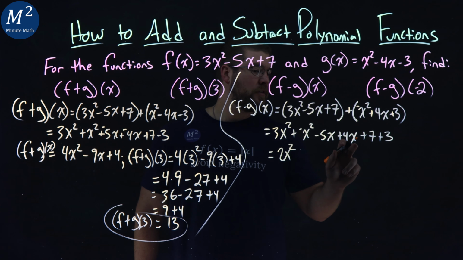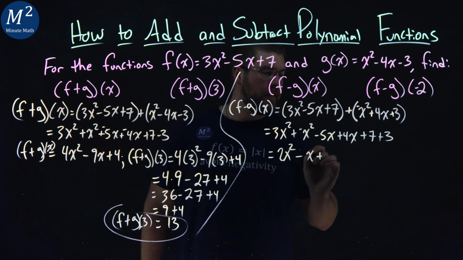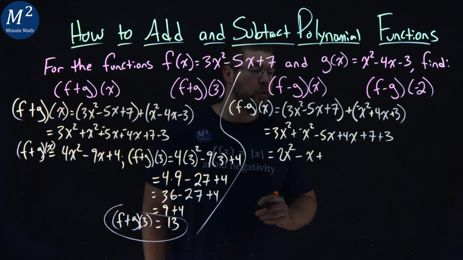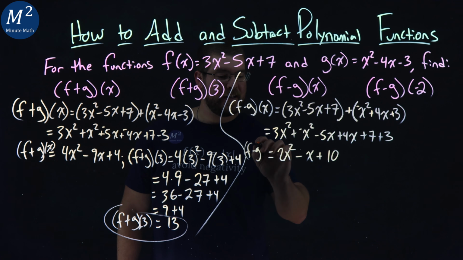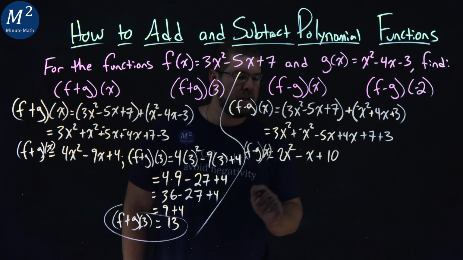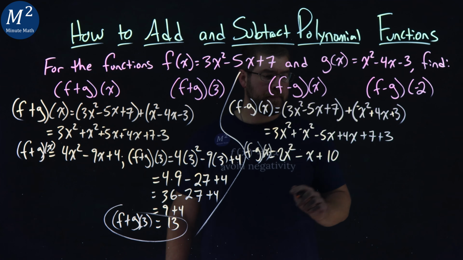Minus 5x plus 4x is minus 1x, or just minus x. And then 7 plus 3 is a good old 10. So we have f minus g of x equal to 2x squared minus x plus 10.